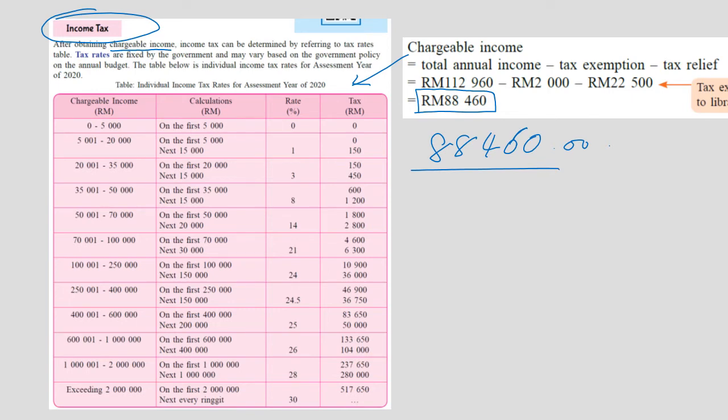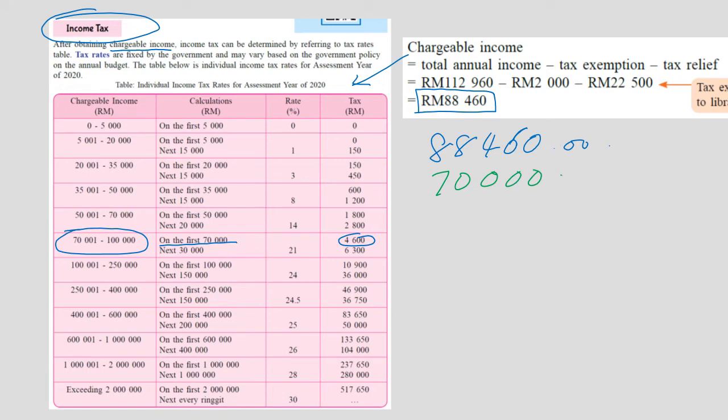Where is it located? Of course, 88,000 is in this row. It says that on the first 70,000 you will be taxed 4,600. So for the first 70,000, you have to minus 70,000 from here.